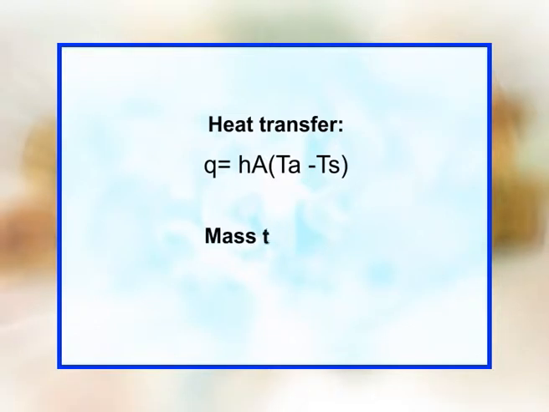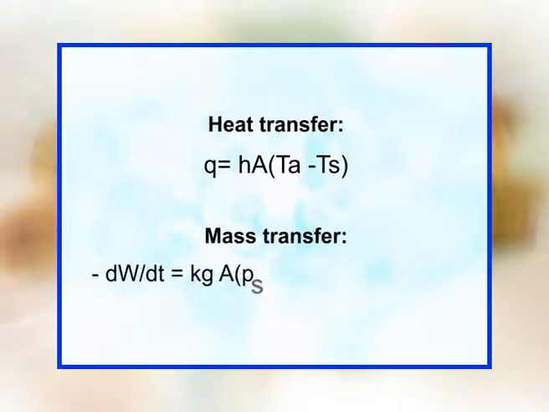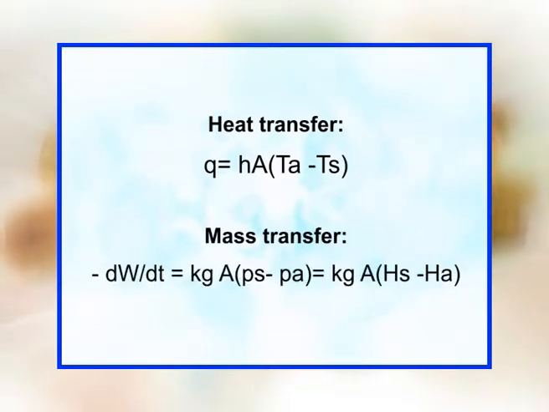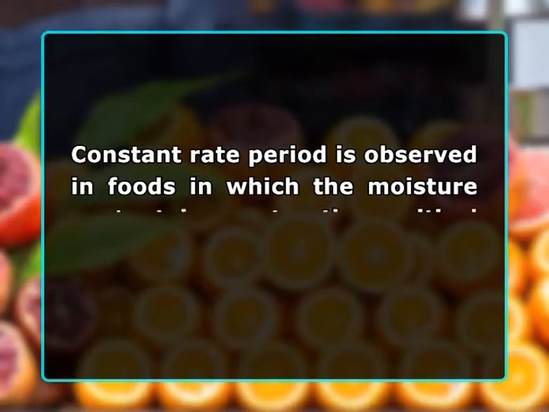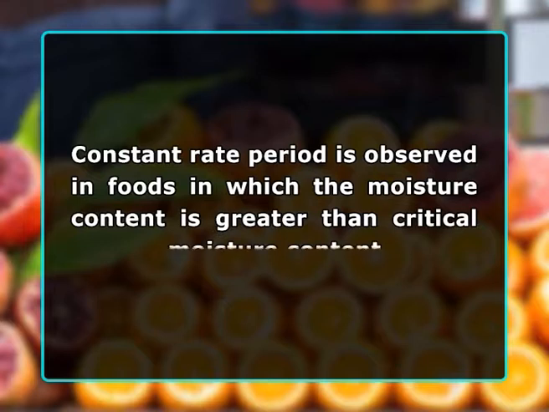Heat is transferred convectively from the warm air to the cooler wet surface through the boundary layer at the interface, which induces evaporation. The constant rate period is observed in foods in which the moisture content is greater than the critical moisture content.